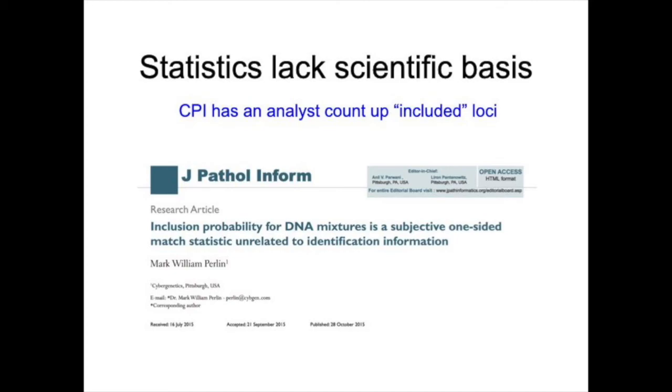That's all the method is. In fact, the title of the paper is Inclusion Probability for DNA Mixtures is a subjective, one-sided match statistic unrelated to identification information. Essentially no correlation. So it didn't stop people from using it, but there's no scientific basis for it.